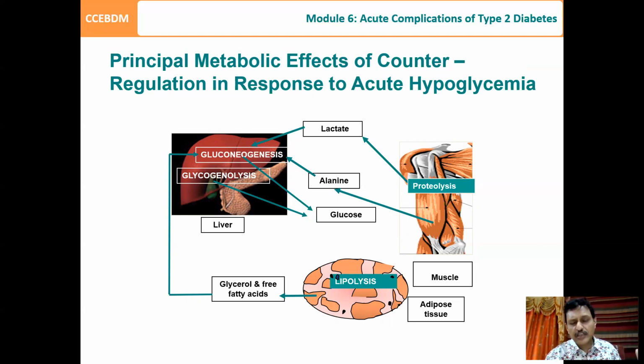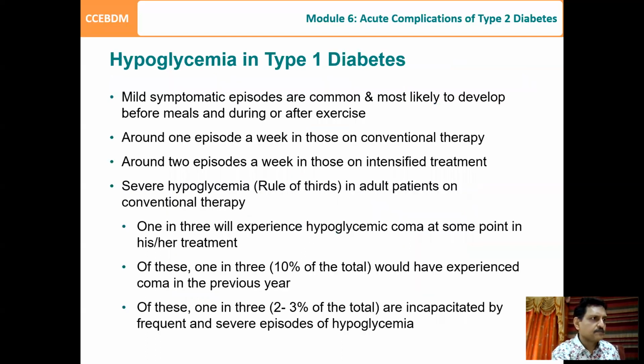In the muscles, they cannot produce glucose, but they produce lactate, which indirectly produces glucose. In the liver, the glycogen breakdown directly produces glucose, so that is glycogenolysis. So this is the method by which the body tries to correct the hypoglycemic insult.